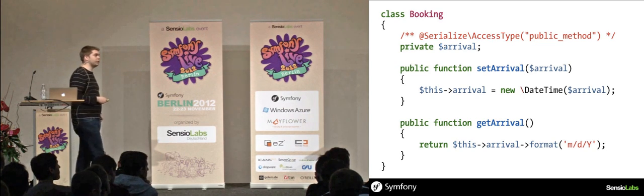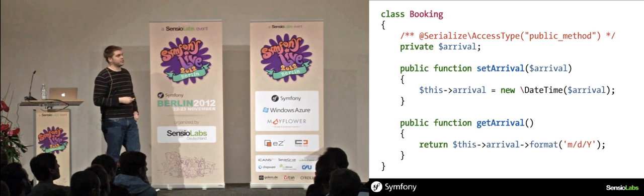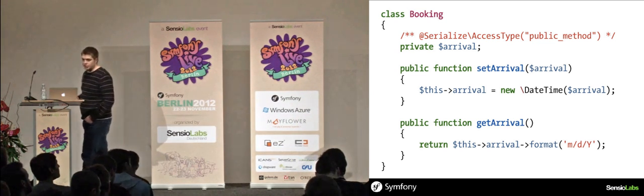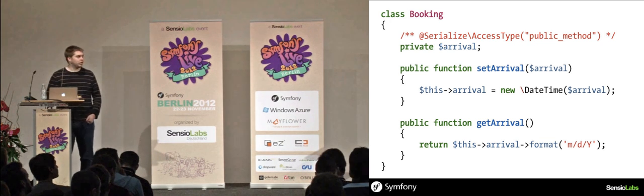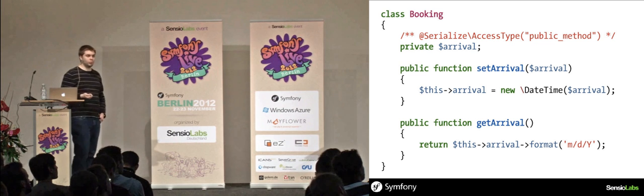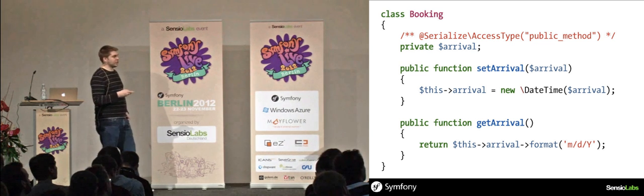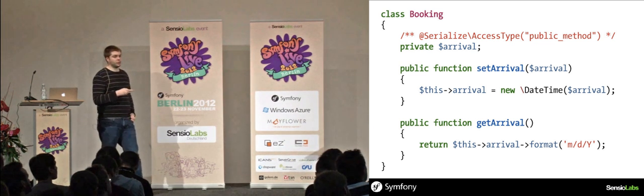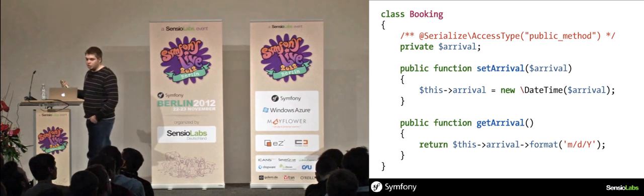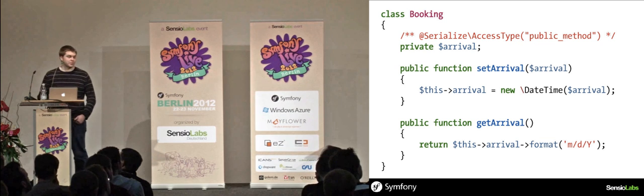So using the access type annotation, you can specify with the public methods option, you are telling the serializer to use the getter method and the setter method to access your arrival property. You can also use this access type annotation on top of the class if you want to globally tell the serializer to call all getters and setters on your PHP objects.